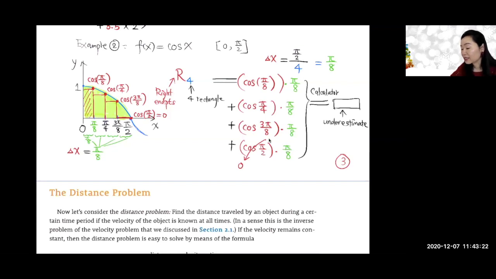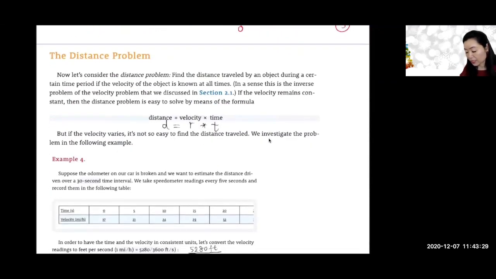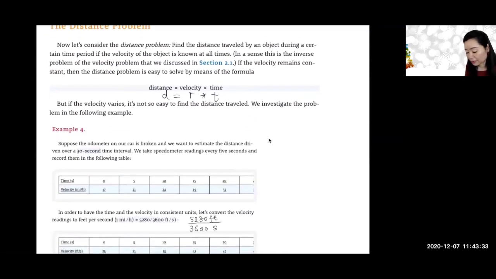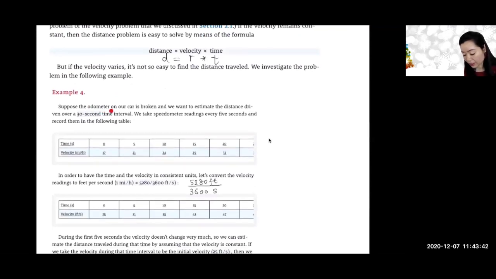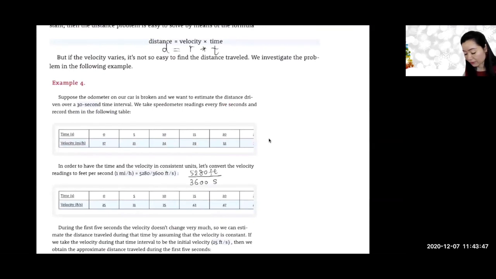Okay. So the next one, the distance problem. Let me briefly go over this. Now we know that distance is rate times time when you travel at a constant rate, or this is an average rate. Now suppose the odometer on your car is broken and we want to estimate the distance driven over a 30-second time interval.